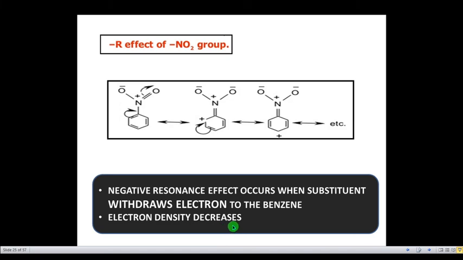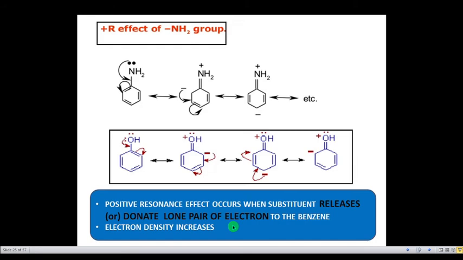I will go back to the previous slide: if it is a positive R effect, the entire benzene ring contains a negative charge because the electron density increases.